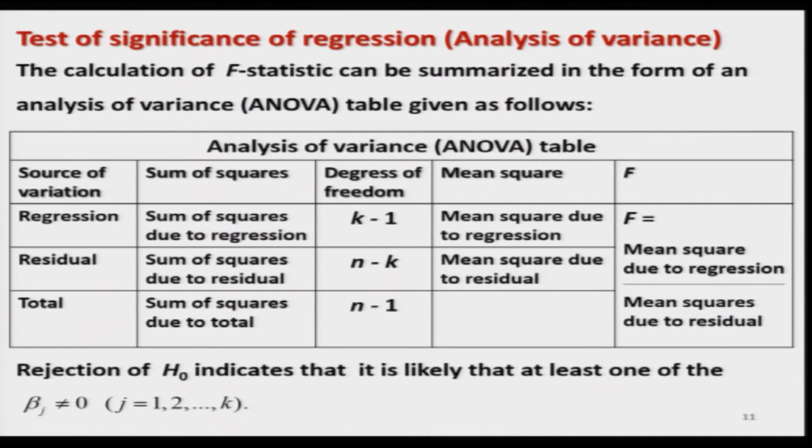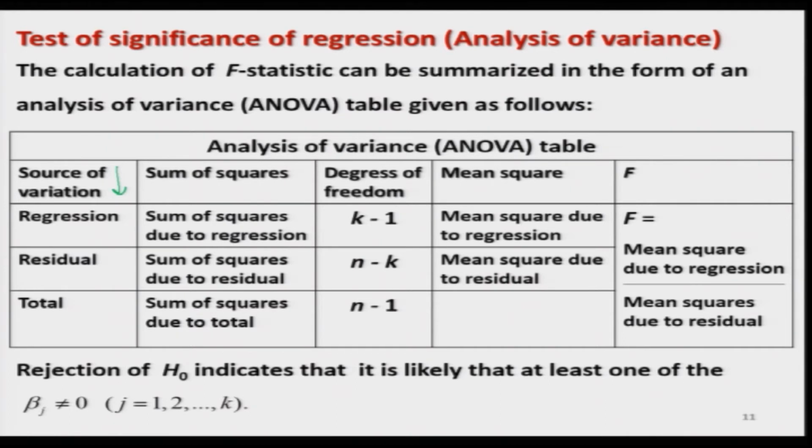My idea of giving you all those expressions was that you must understand what is happening in this analysis of variance, because in the case of software you will get only this table. You can see that this table has a very nice, well-structured form. The first column is the source of variation, that is, how the variation is coming into the response variable.